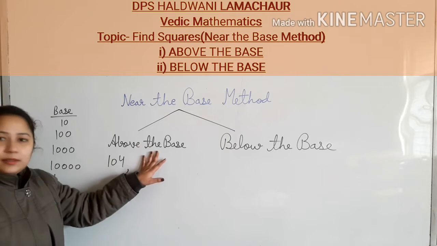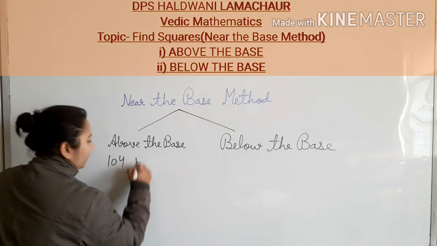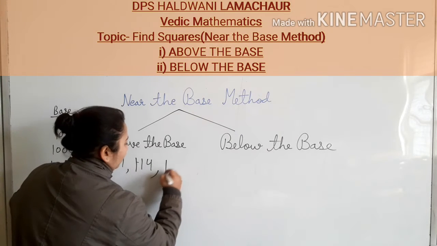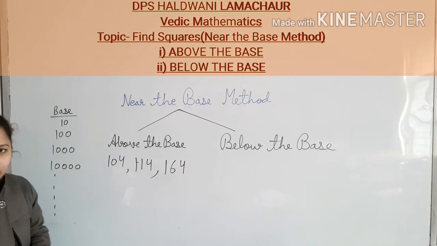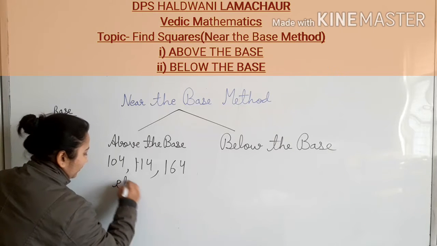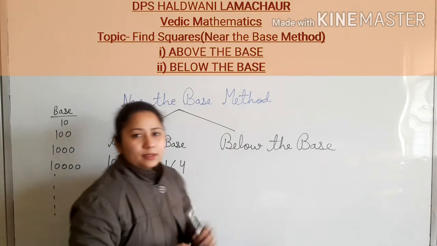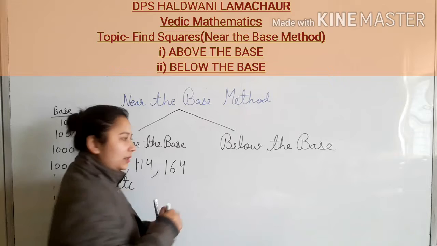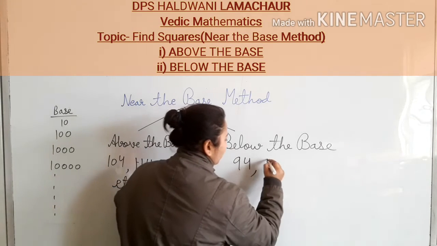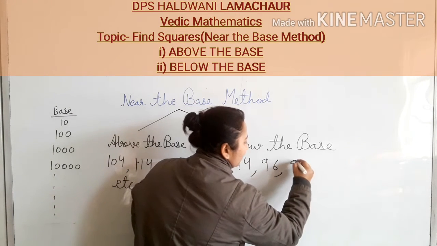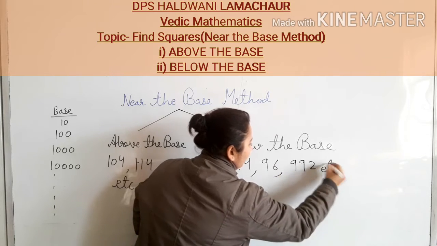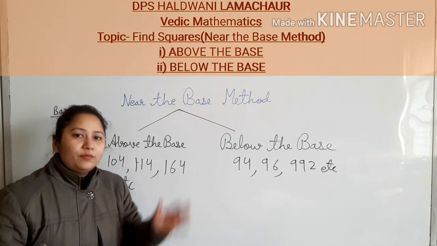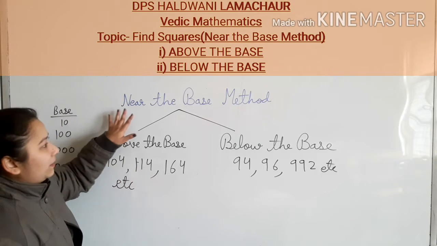So above the base contains 104, 140, it is above 100, or 164, it is also above 100, etc. Same way, below the base numbers are the numbers which are below 100, or 10,000, like 94, 96, 992 and 80.